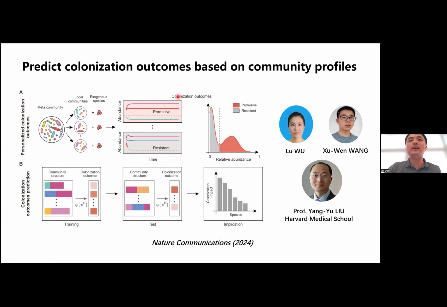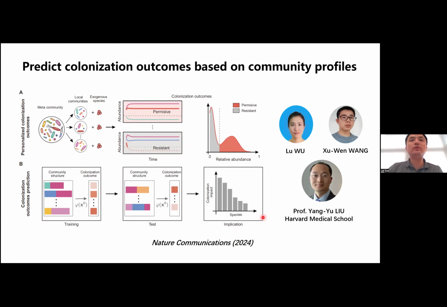But for the ones that are permissive, so detectable, either by qPCR or by sequencing, at a new steady state, it exists, and they also have different levels of relative abundance, right? Some permissive communities after colonization have high abundance of the invading species, some low abundance.